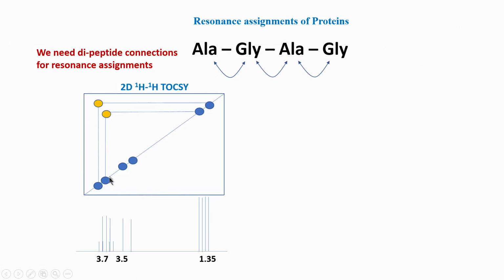I at least need to know which peak here is connected to which here, which I had not got from 1D. So, I am able to get some information from TOCSY, and there is a transpose peak which is shown here. This is exactly equal and opposite, and the same connection information is shown here.